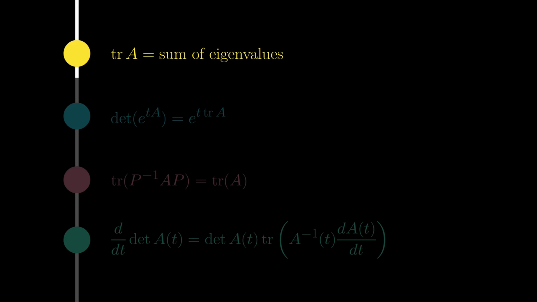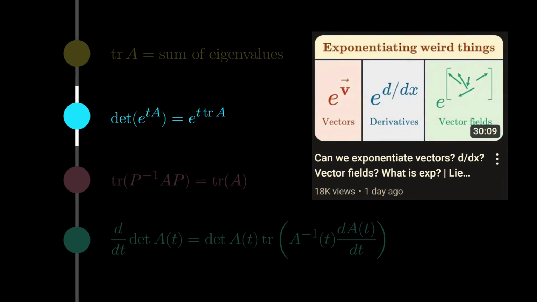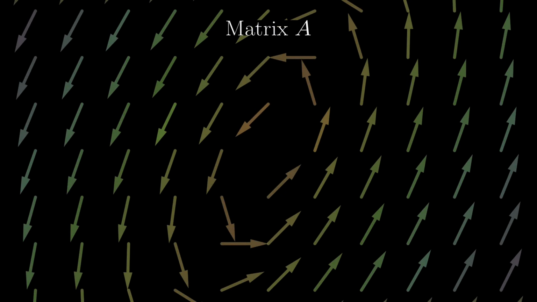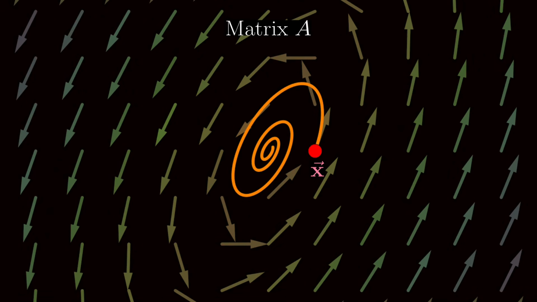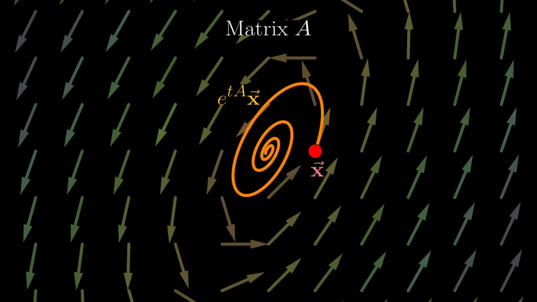The next property has something to do with the exponential of matrices, which I have described in the previous video as well. Essentially, given a vector field created by the matrix A, the flow of this point with position vector x along the vector field is precisely given by e to the tA applied to x, where t is the time elapsed when you flow along the field.